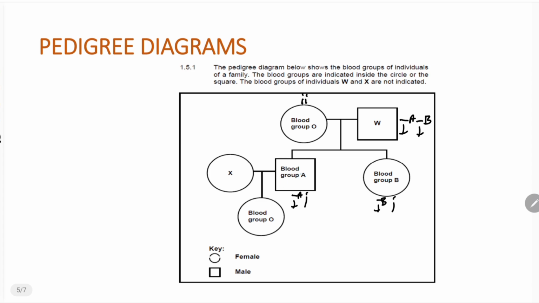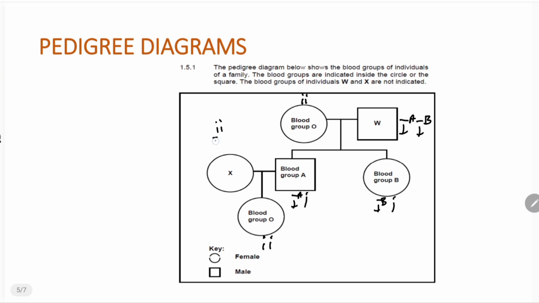But individual number X married this male who is heterozygous for blood group A. So one of the recessive alleles here will come from this male, and we must also inherit another recessive allele from individual number X. So there are a number of blood groups that are possible for individual number X. First of all, individual number X may have blood group O. If individual number X has blood group O, it is possible for individual number X to contribute one recessive allele and this individual with blood group A to also contribute another recessive allele, resulting in an offspring who has blood group O with the genotype small letter i, small letter i.